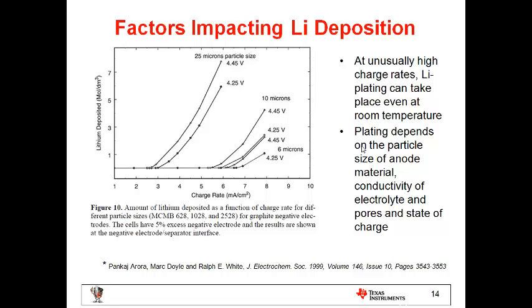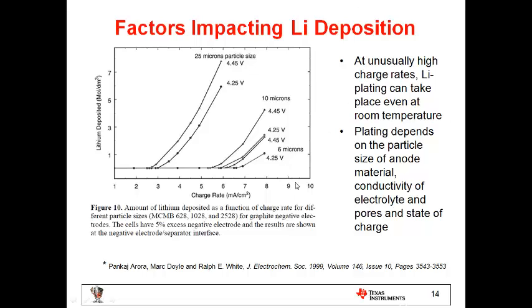And that is kind of obvious because, even if the diffusion coefficient is the same, the diffusion resistance is going to be inversely proportional to the particle size. So you have to diffuse through a thinner layer, basically, and in this case, your overall resistance will be less. And that has a very strong effect on the current at which you will start lithium plating.